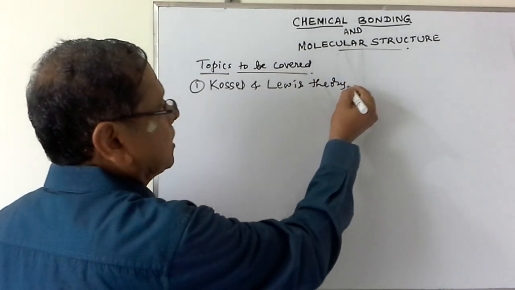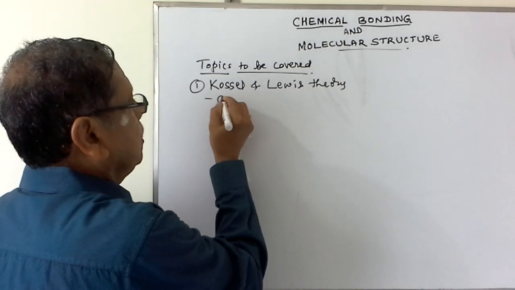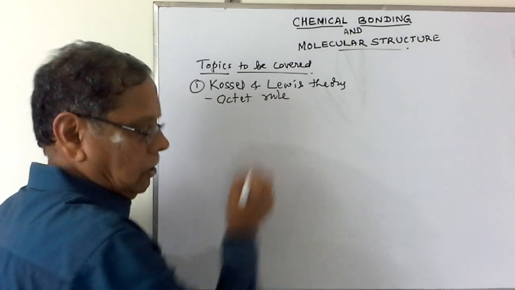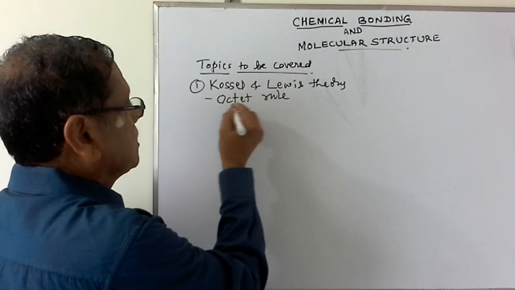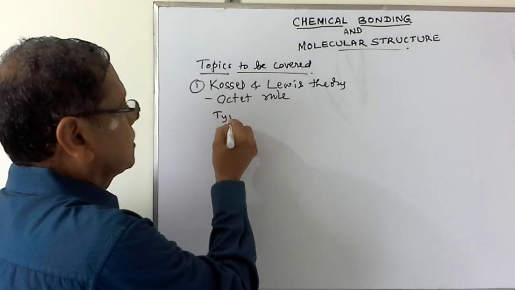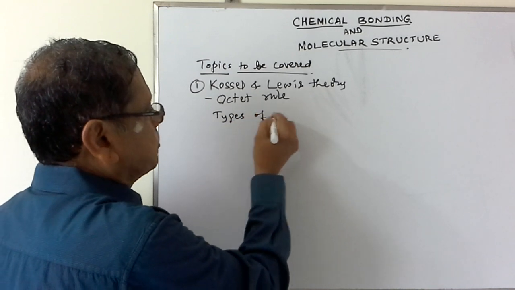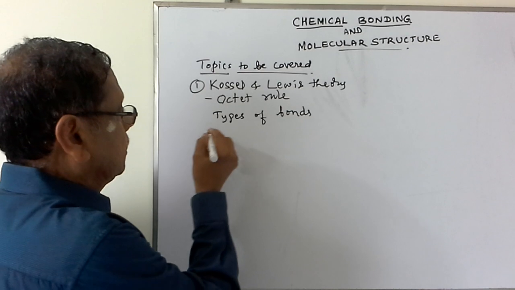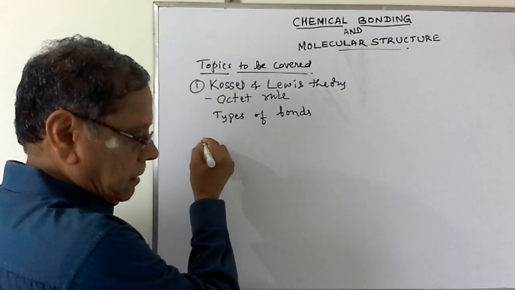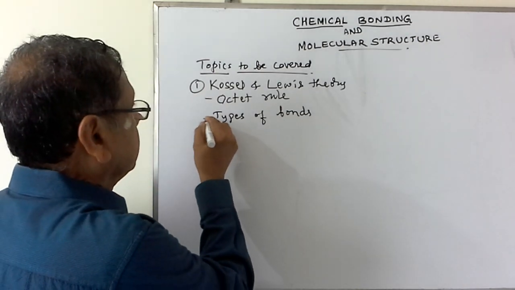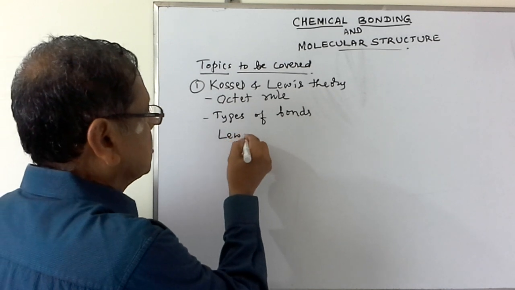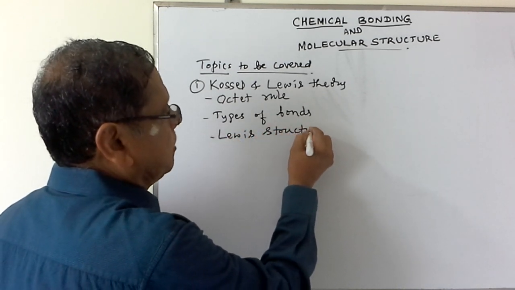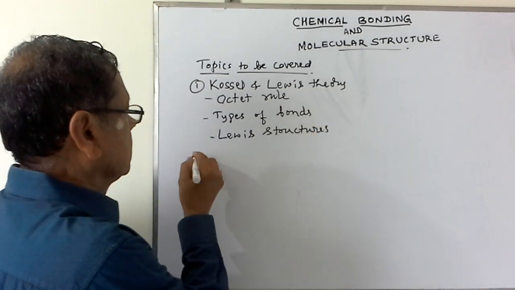Under this one we will consider the octet rule, and then we will consider the types of bonds. And then we will consider the Lewis concept, Lewis structures. To explain the formation of the molecule, we will consider these Lewis structures.